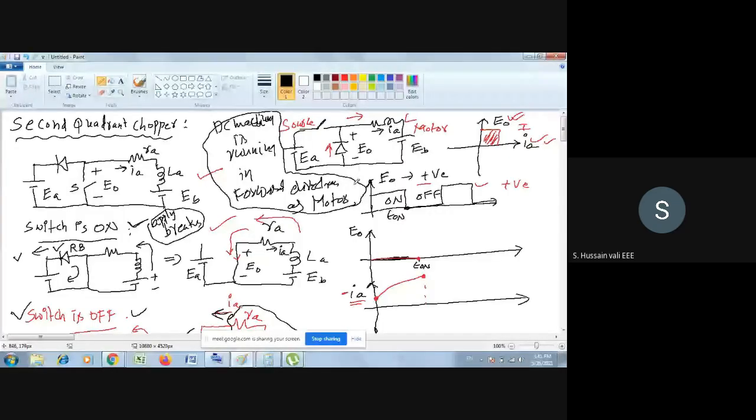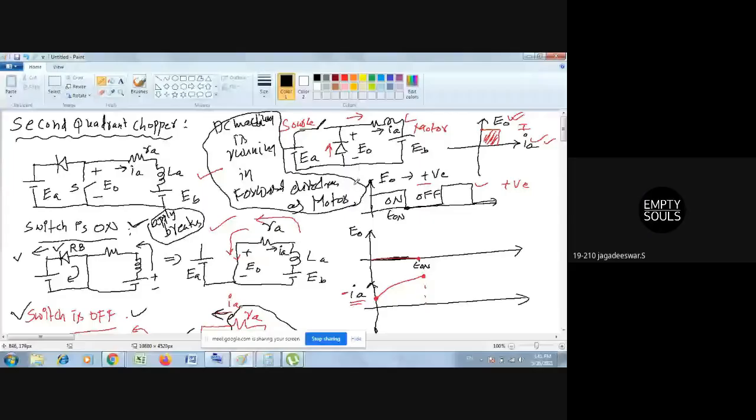For example, if you want to use the machine as a motor, you operate in the first quadrant. If you want to collect the energy back, you go for the second, third or fourth quadrant. Like this, you switch from one quadrant to another.